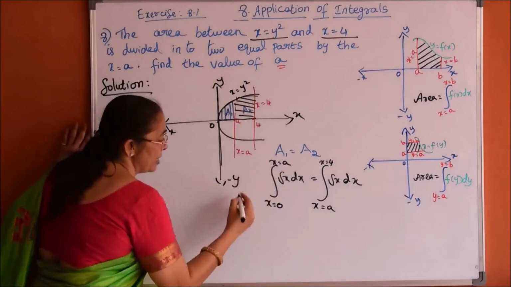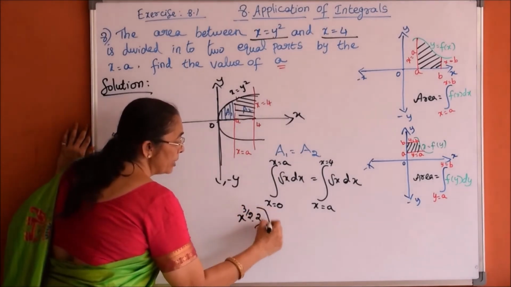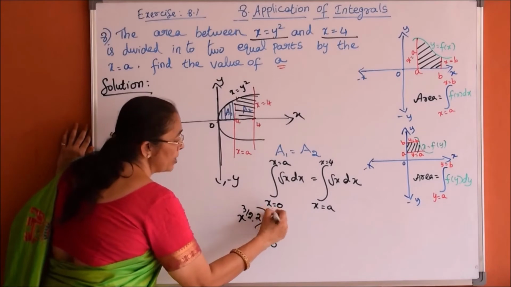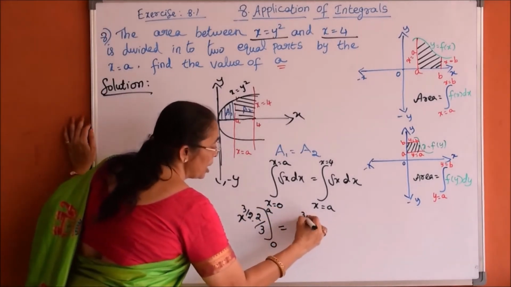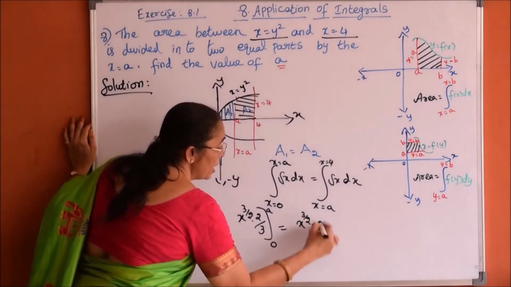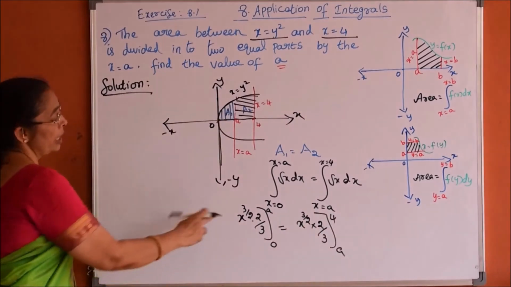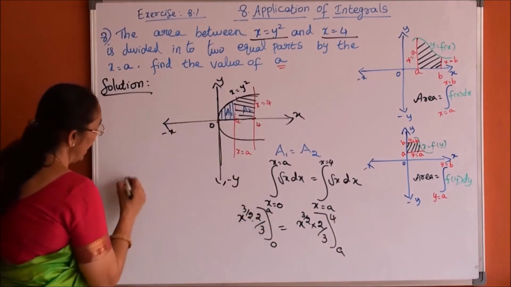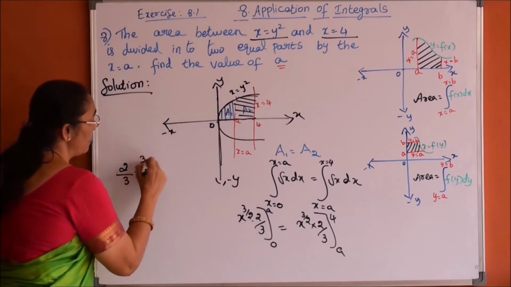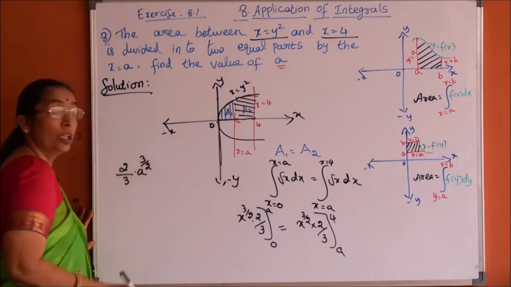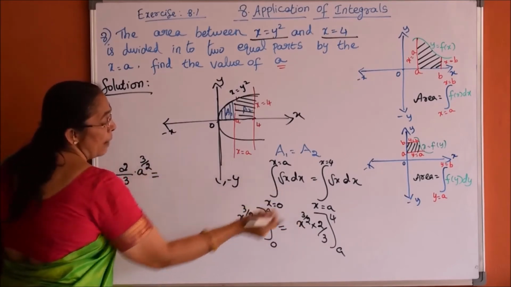So, integral of root x dx is nothing but x to the power of 3 by 2 into 2 by 3, and the limits are from 0 to a, which is equal to again x to the power of 3 by 2 into 2 by 3, with limits from a to 4. Here applying the limits, on the left we get 2 by 3 a to the power of 3 by 2, upper limit a, lower limit 0, equal to, on the right, upper limit 4.